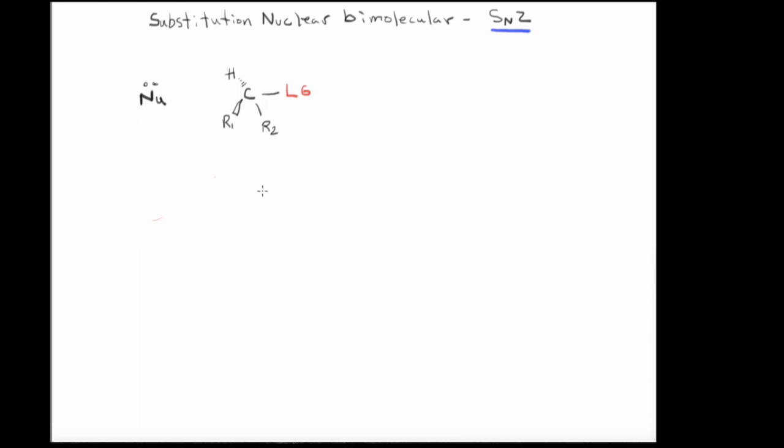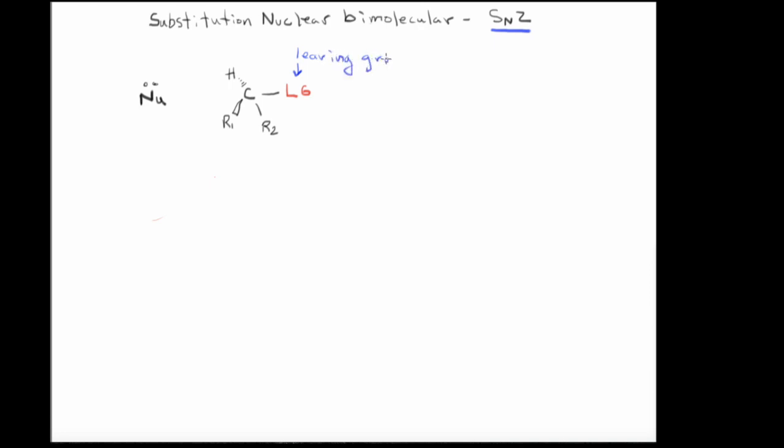All right, what does this mechanism involve? It involves the collision between a nucleophile and an electrophile, where we have a group that we're going to call the leaving group, which is abbreviated LG.